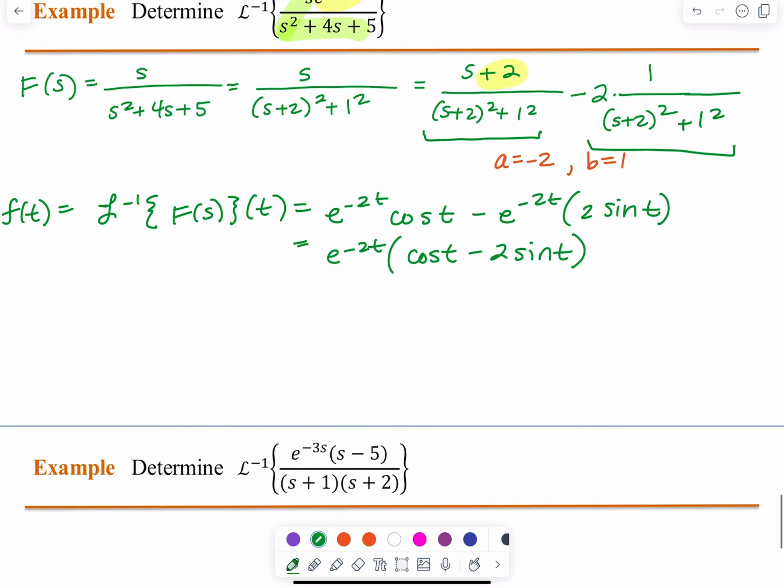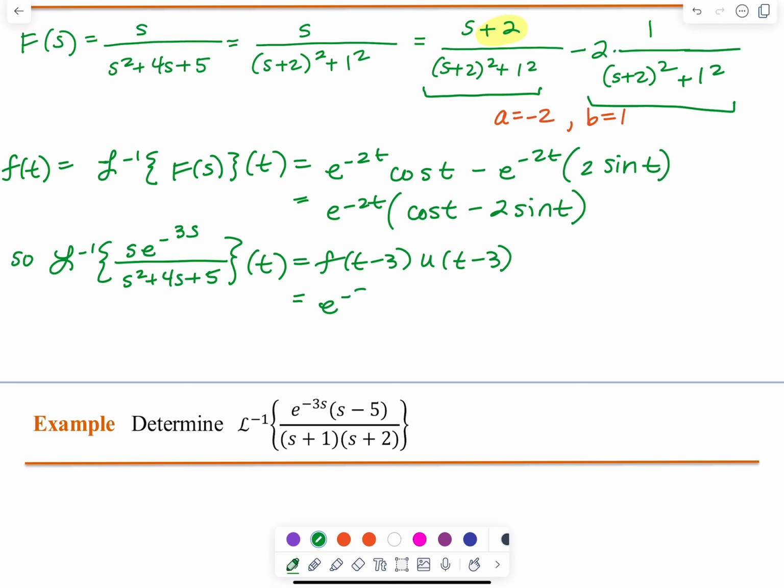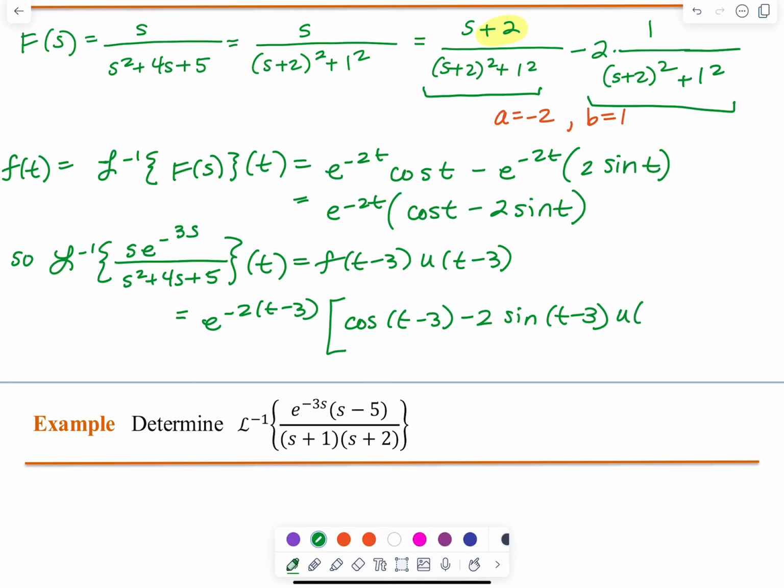So now we have the inverse transform of s e to the negative 3s all over s squared plus 4s plus 5 of t is going to be equal to f of t minus 3 multiplied by u of t minus 3, and that gives us e to the negative 2 multiplied by t minus 3, and here we have our cosine of t minus 3 minus 2 sine of t minus 3 multiplied by u of t minus 3.